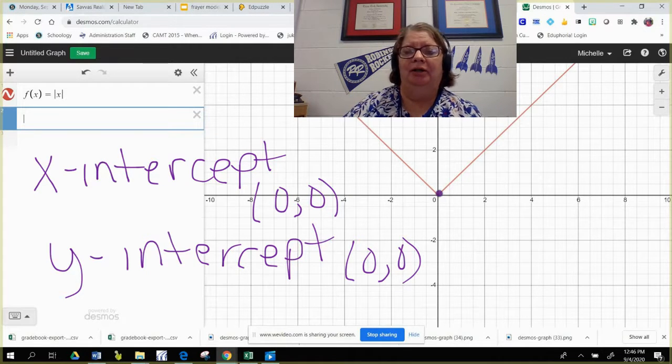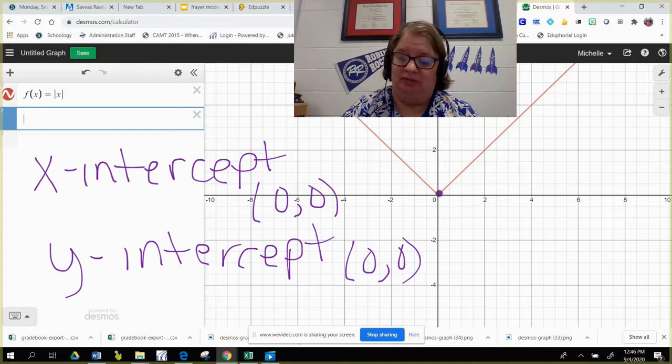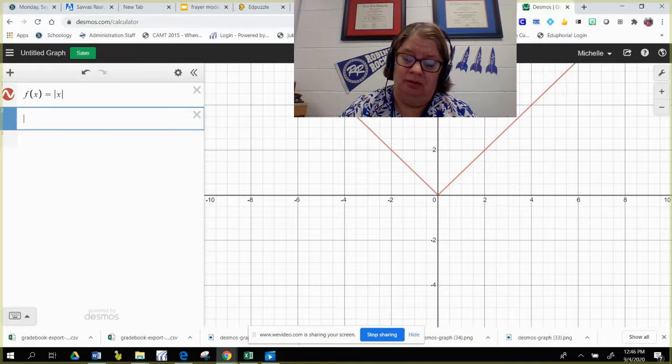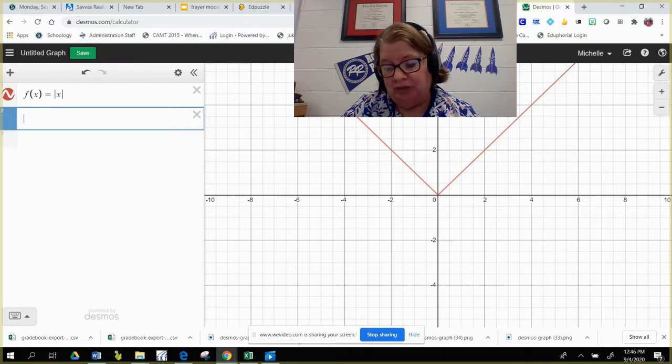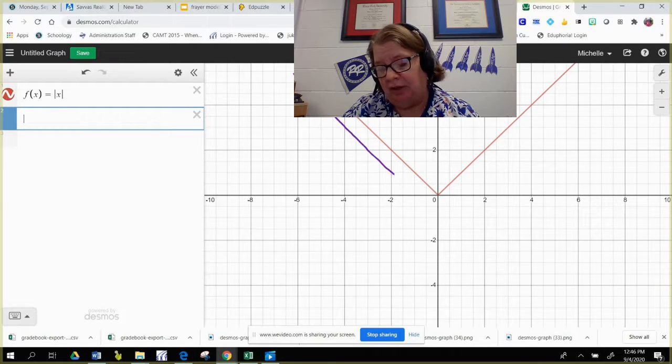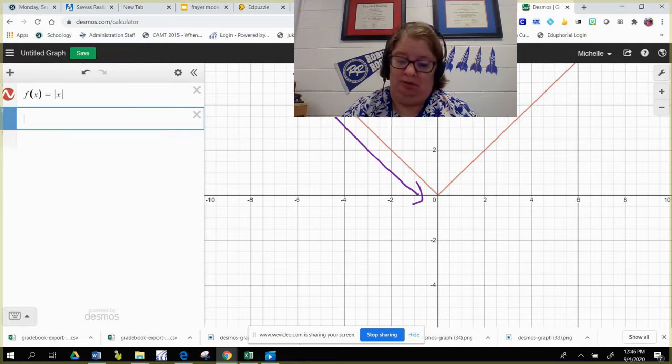What else did we learn about analyzing these functions? Increasing and decreasing. This interval or section of the graph is decreasing. It's going down from left to right. We use the x values to describe this portion or interval of the graph. That is from negative infinity to 0.